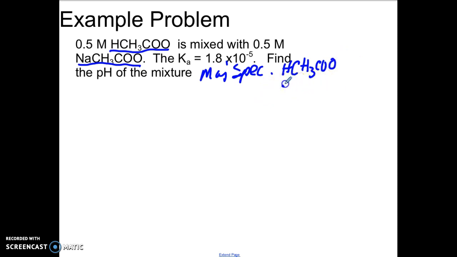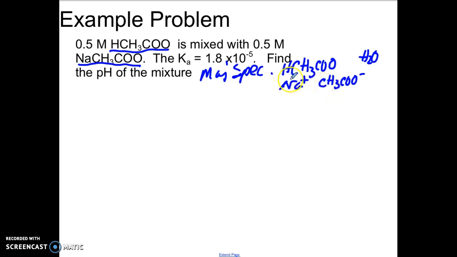It's very soluble. There's going to be a lot of sodium ions and a lot of acetate ions. And of course, there's also water in the solution. So these four components, the acetic acid, the water, the sodium ions, the acetate ions, are the major species in water.